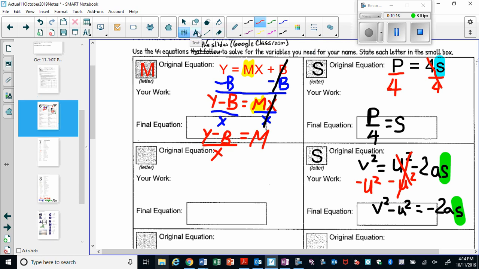Now, your next step for this problem, and it's actually your last step, you want to get S by itself. So we're multiplying by negative 2A to get our product. Now the opposite of multiplying by negative 2A is dividing by negative 2A. So again, whatever we do to one side, you have to do to the other side.